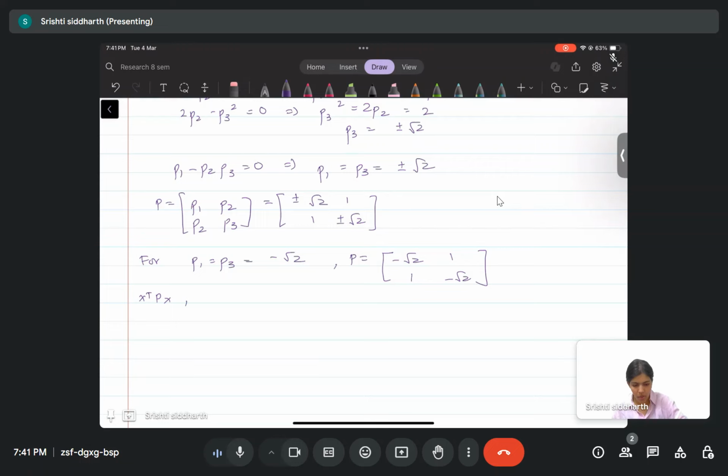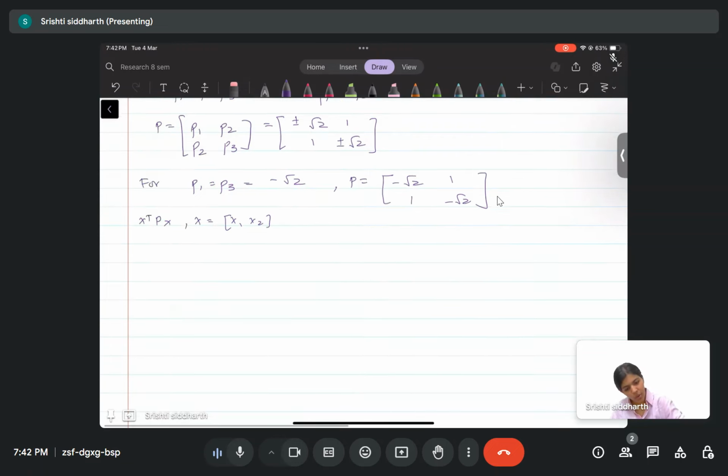Where X is some general vector. So let's just compute the eigenvalues in this case. We can compute this and we get root 2 plus or minus 1. These are always greater than 0, therefore P is positive definite.